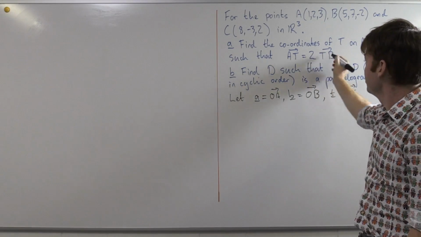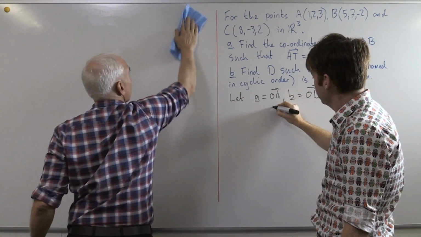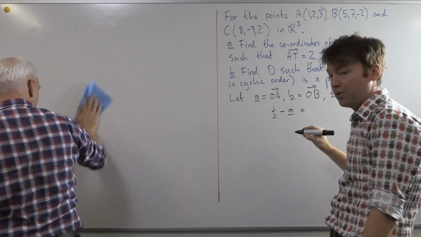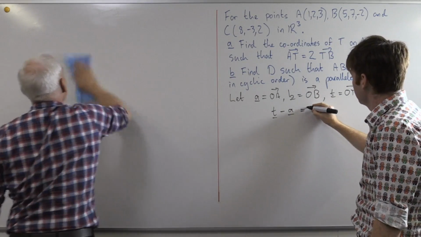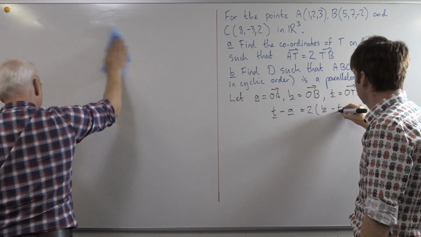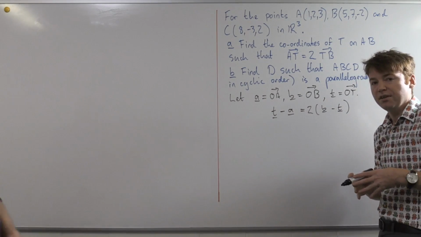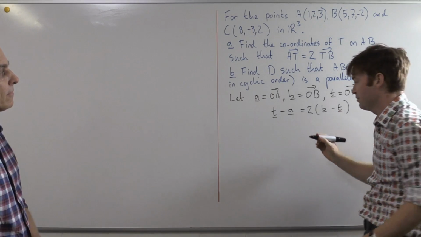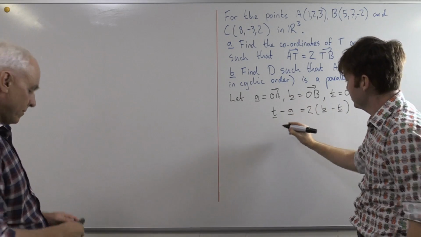I'm given that AT is 2TB. That means that AT, well that's T minus A, and I know what A is because I've been given the point A there, and that's equal to twice TB, so that's B minus T. At this point I have one equation, and there's only one thing I don't know, which is T. So I'll just rearrange this equation so that I find T. I get T, so I'll bring all the T's over to that side, I get 3 of them.